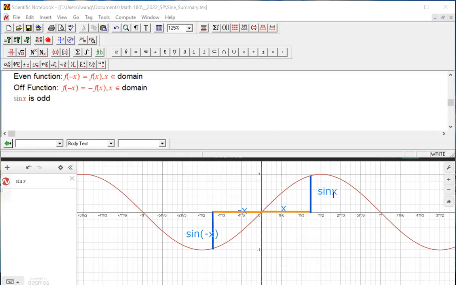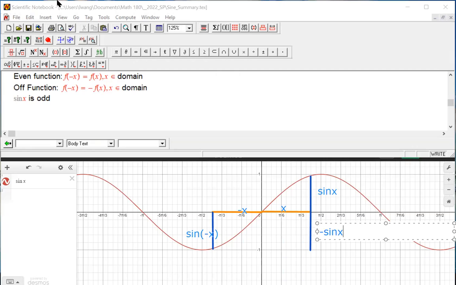So if I flip this sine x over, I will get the next piece, which will be under the x-axis. We're going to call it negative of sine x.